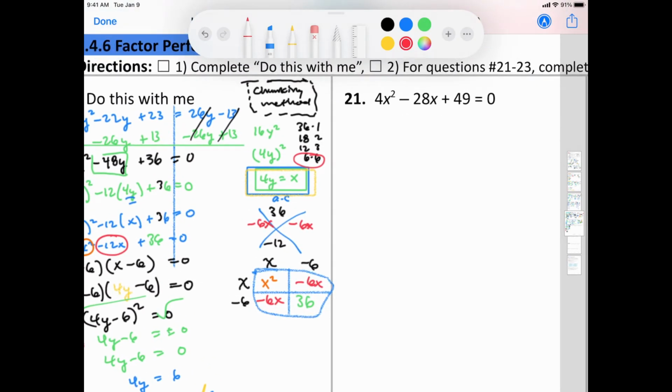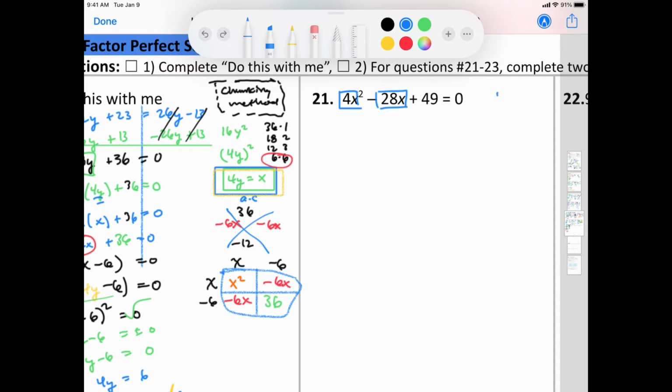All right, so let's go ahead and look at the chunking method here. You're really just looking at the fronts right here, and you're basically seeing what they have in common. What they have in common is a 2x. Any variable you want, I like w, I don't know why. W equals 2x. How did I get that?